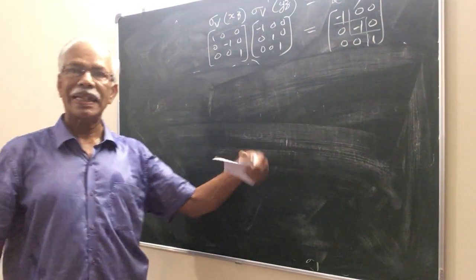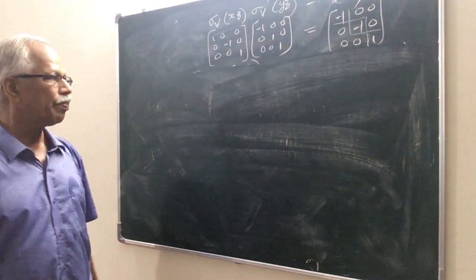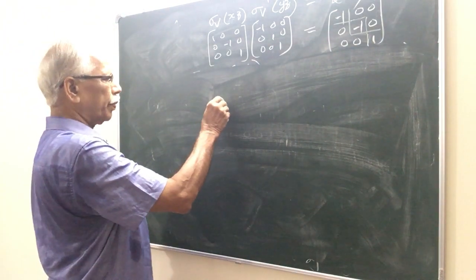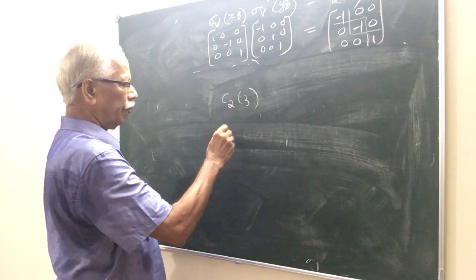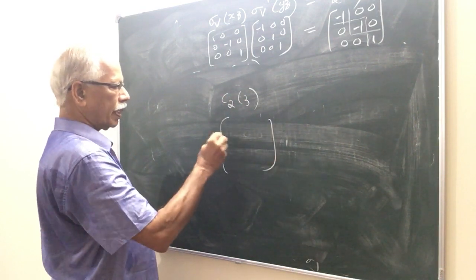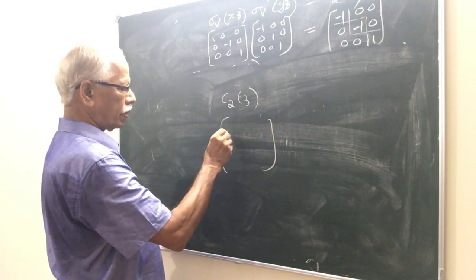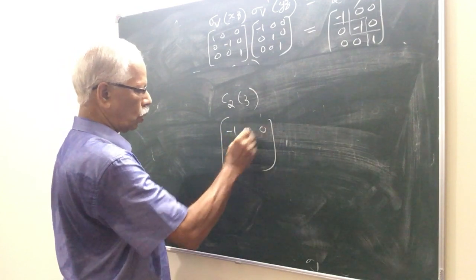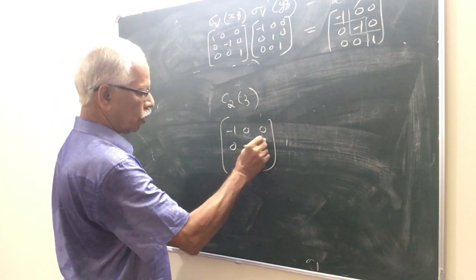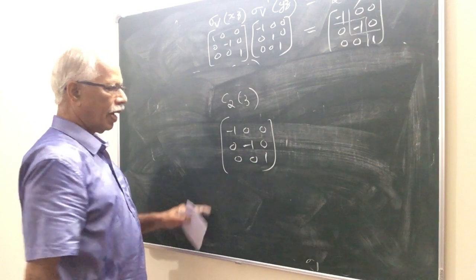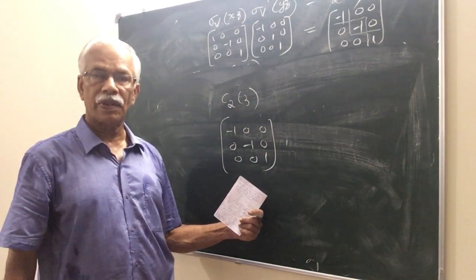Every operation is its own inverse in the water molecule. Think of C2Z. The matrix representing this is minus 1 0 0, 0 minus 1 0, 0 0 1. And what is the inverse of this matrix?